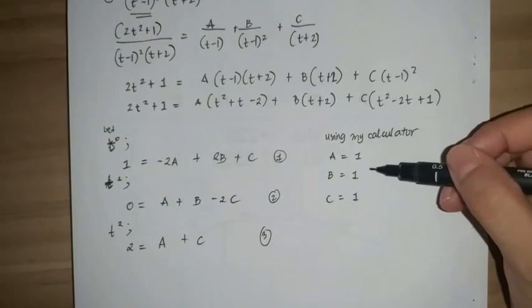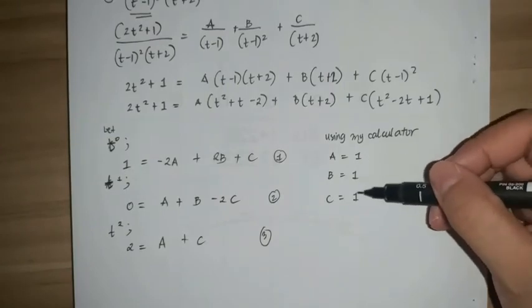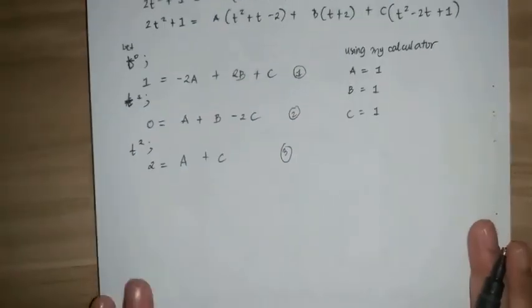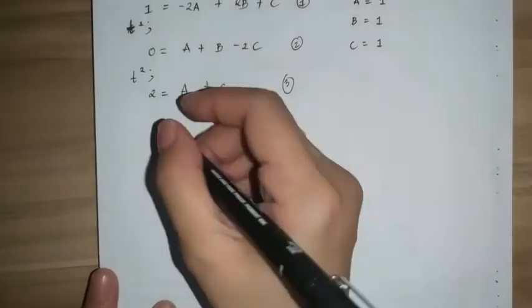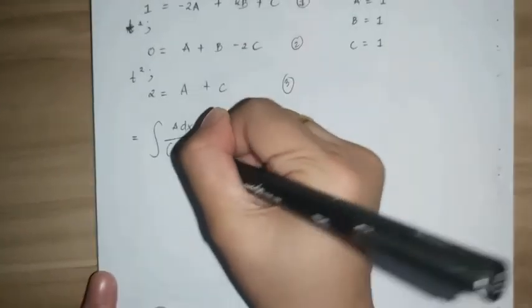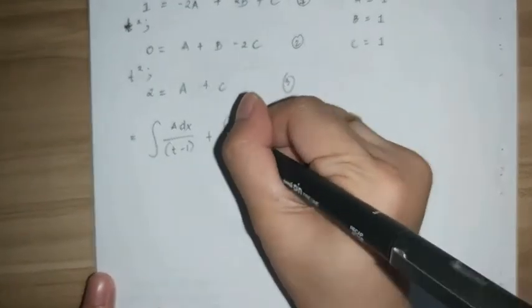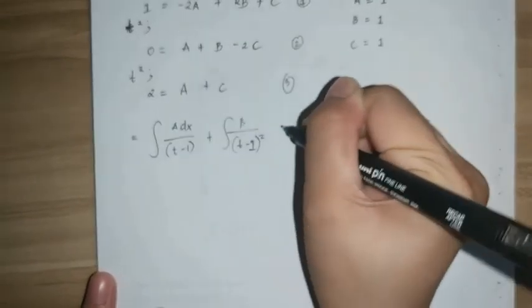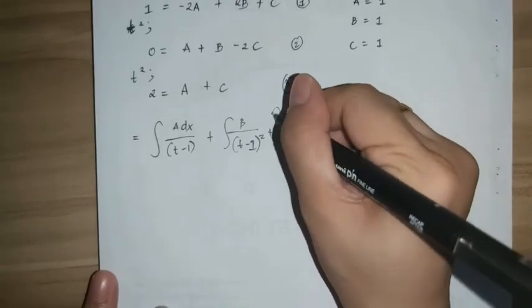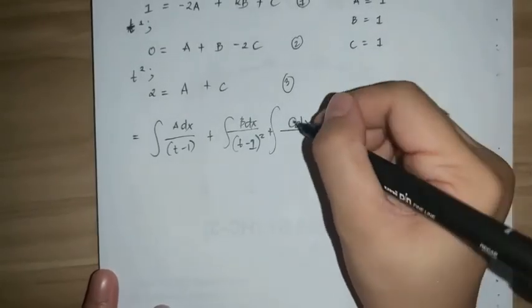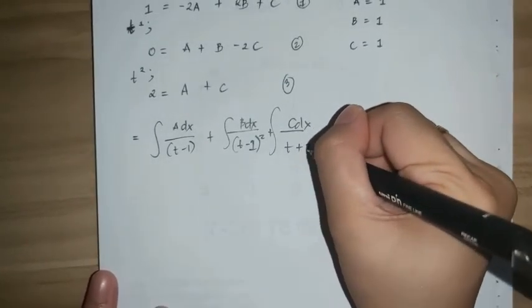So these are the numbers that you need to substitute to this equation here. So we have the integral of a dx all over t minus 1 plus quantity b all over quantity t minus 1 squared plus the integral of c dx, don't forget the dx, all over t plus 2.